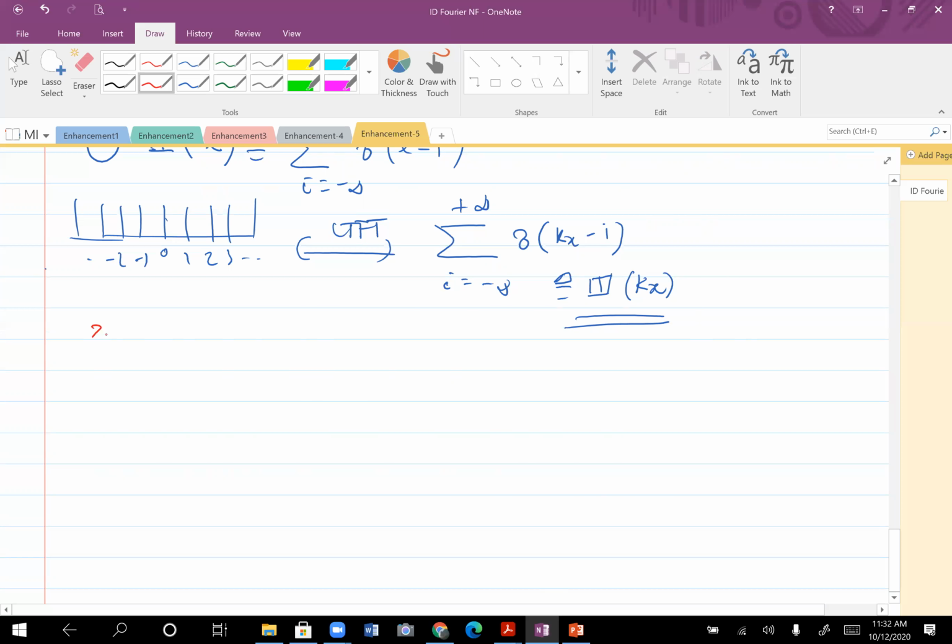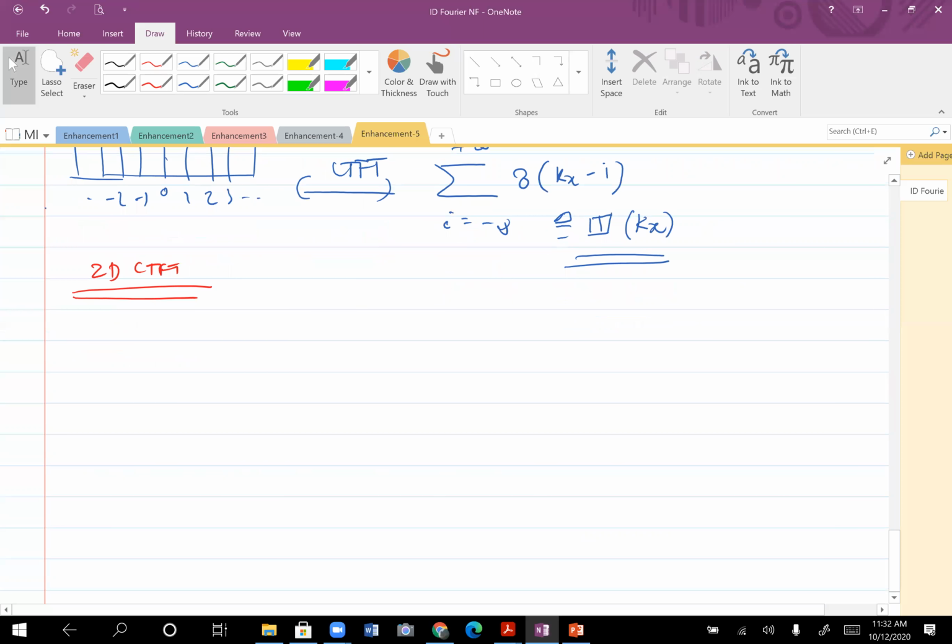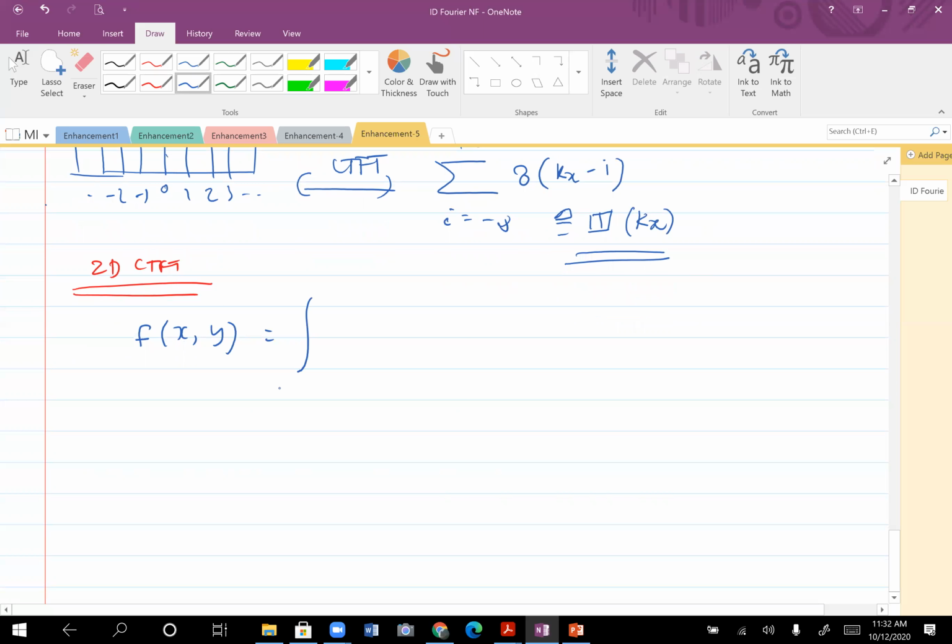Two-dimensional CTFT. This definition also we covered in the video. So now, instead of using f of x, we would now go to f of x comma y. How do we write it now? Integral over kx varying from minus infinity to plus infinity, ky from minus infinity to plus infinity.